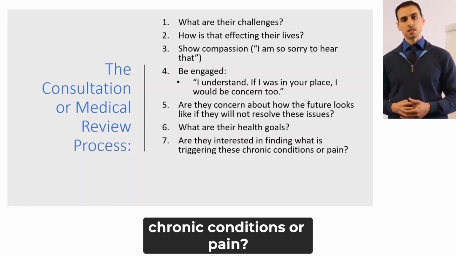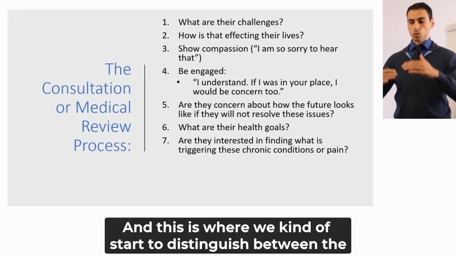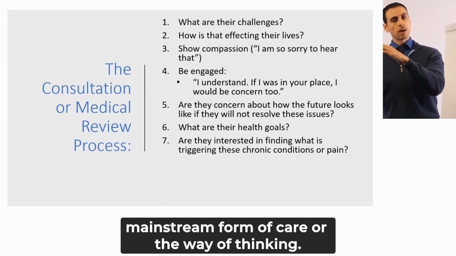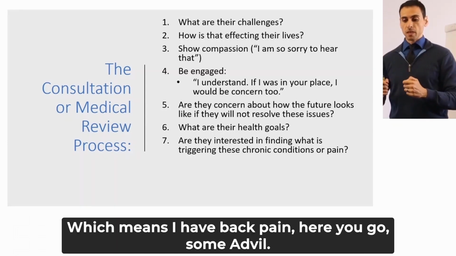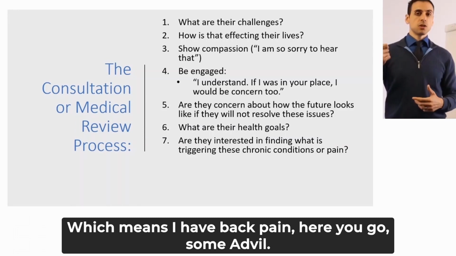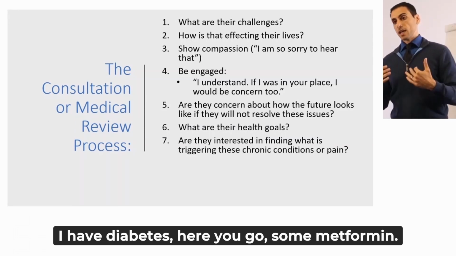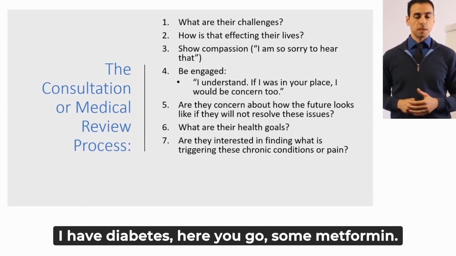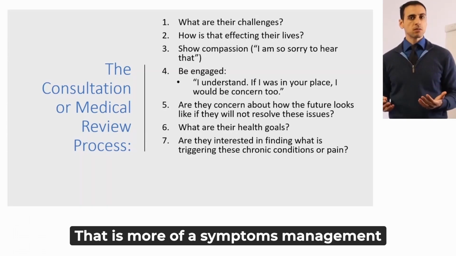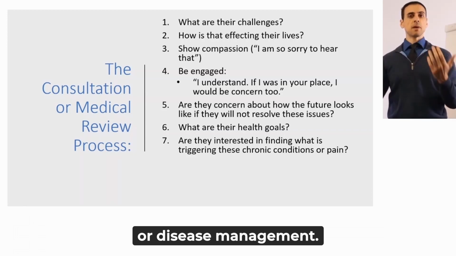The seventh factor to talk about with your patient is whether they are interested in finding the triggers of their chronic conditions or pain. This is where we start to distinguish between the mainstream form of care and functional medicine. In mainstream care, I have back pain, here you go, some Advil. I have diabetes, here you go, some metformin. That is symptom management or disease management.